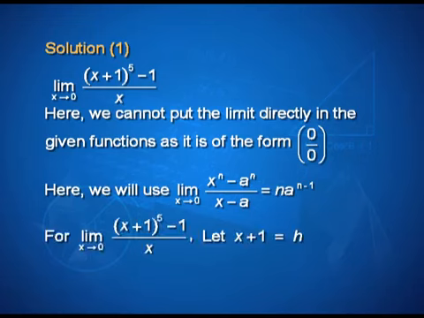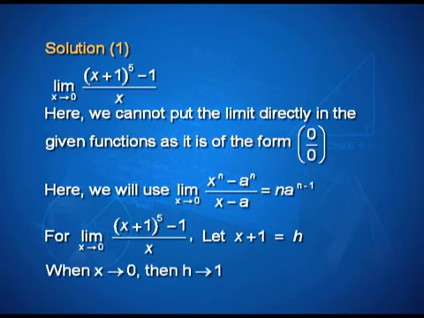For limit of (x plus 1) raised to 5 minus 1 upon x as x tends to 0, let x plus 1 be equal to h. That is, when x tends to 0, then h will tend to 1.